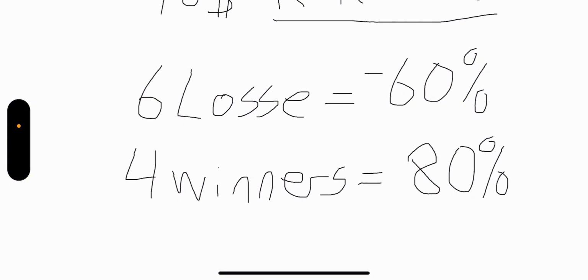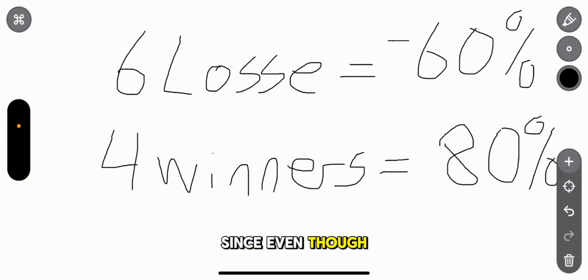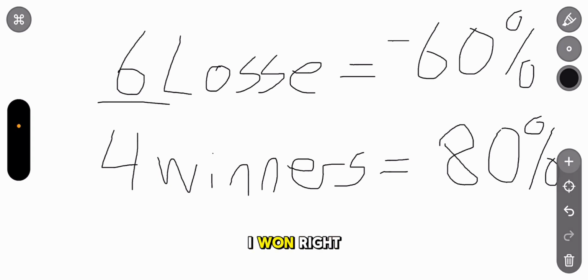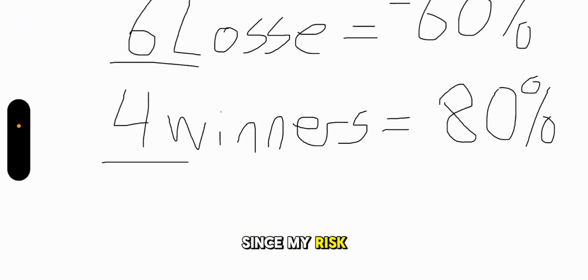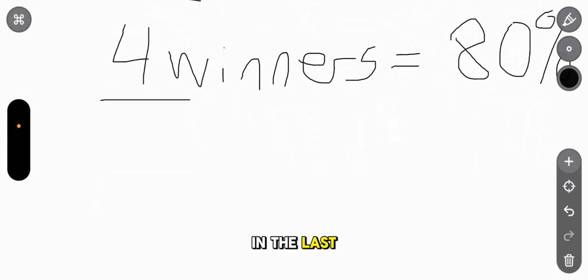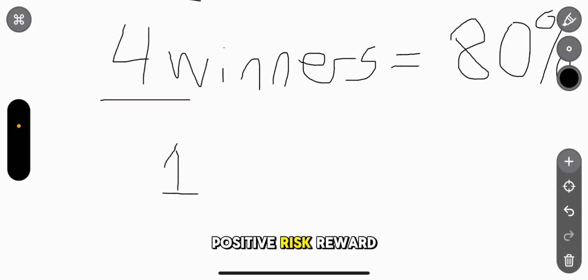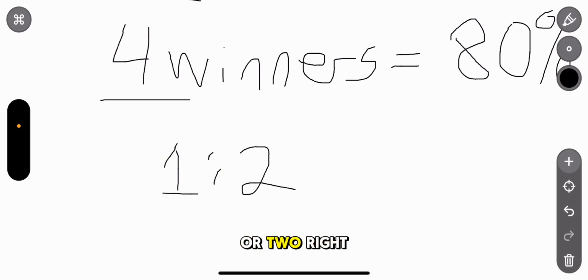right? So at the end of the day, even though I took more losses than I won, right? Even though I took 6 losses and only have 4 winners, since my risk to reward is positive, like we talked in the last video, since I have a positive risk to reward of 2 to 1 or 1 to 2, right?